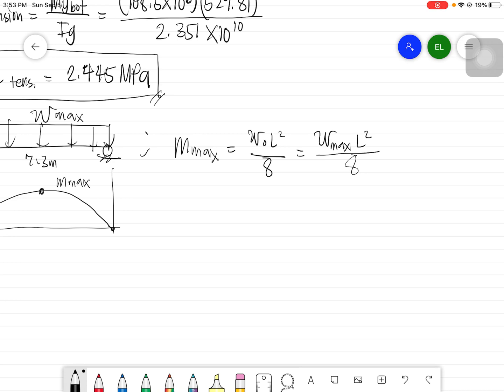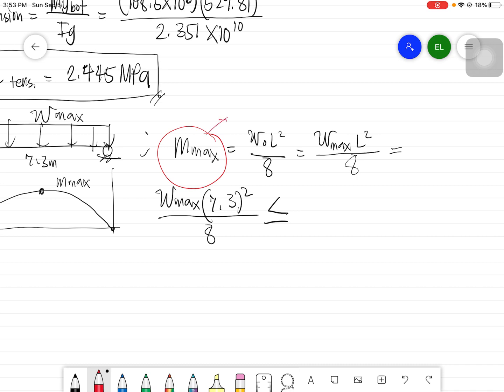Okay, so W max, then L, we have L already, which is 7.3 squared, then over 8, and this should be less than or equal to M max, which I have discussed already, that the M max here for uncracked would be the cracking moment.